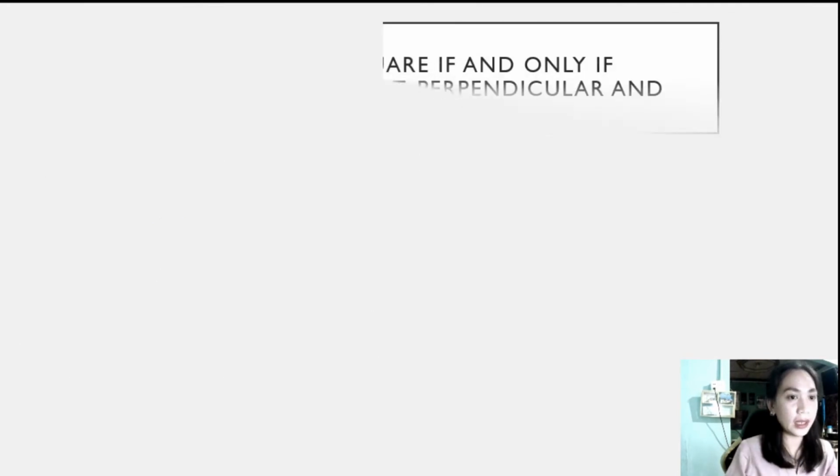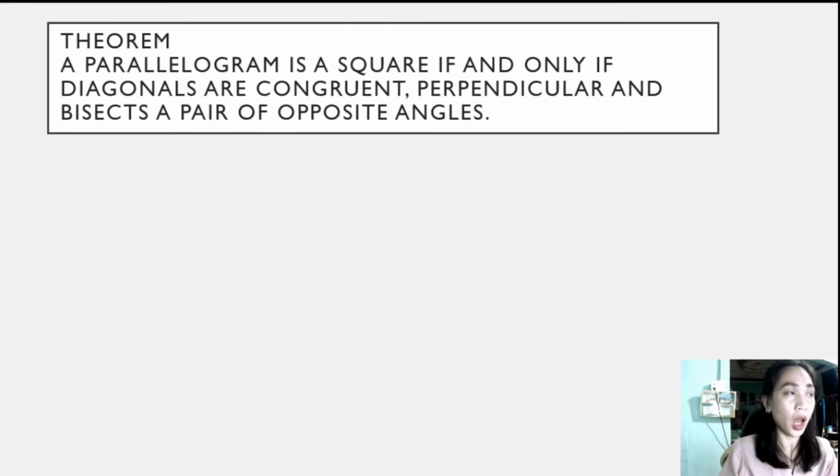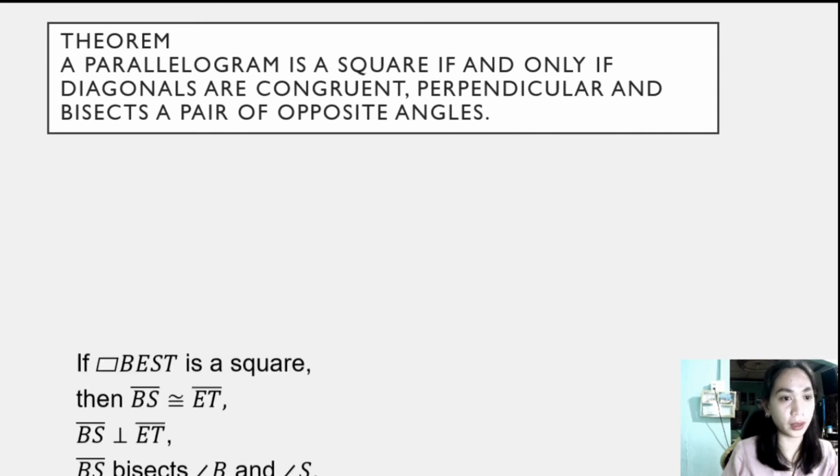And lastly, we have this theorem: a parallelogram is a square if and only if its diagonals are congruent, perpendicular, and bisect a pair of opposite angles.